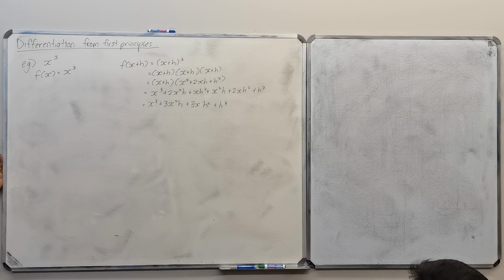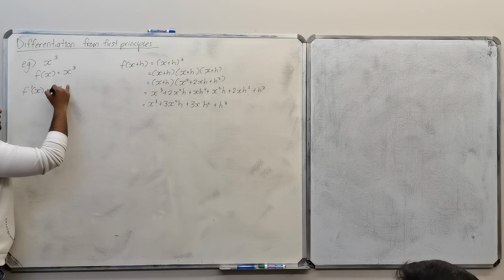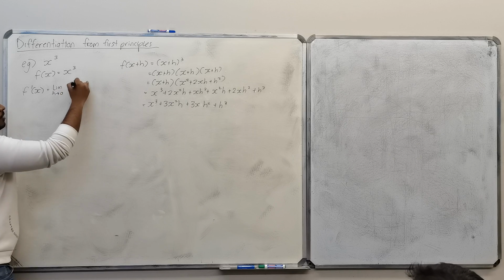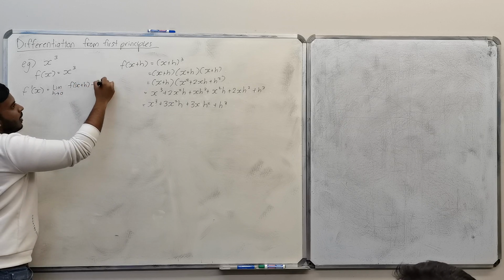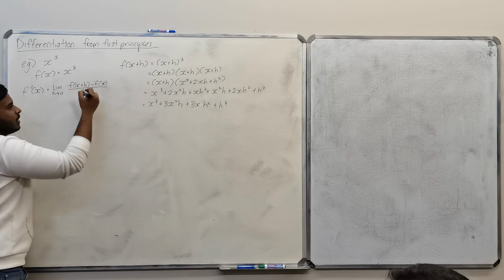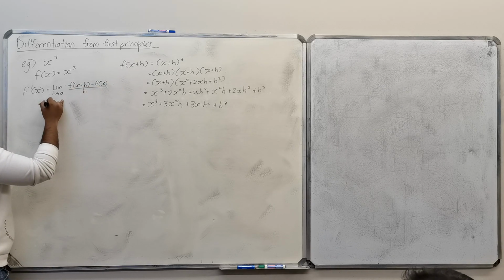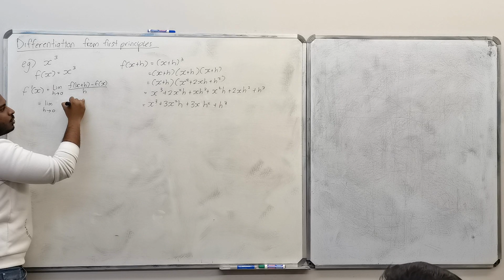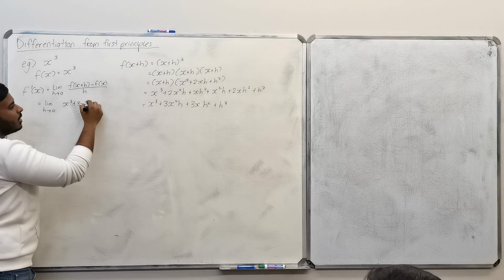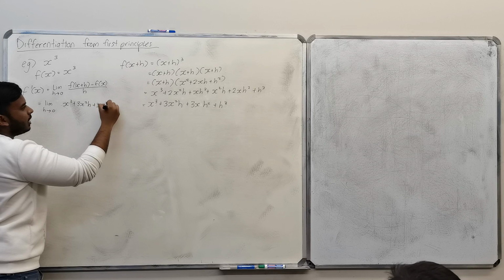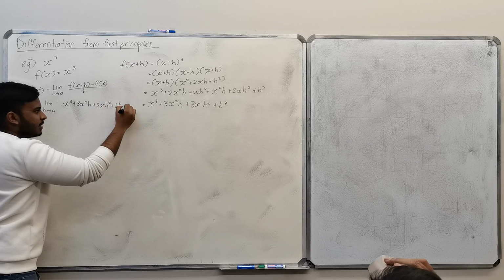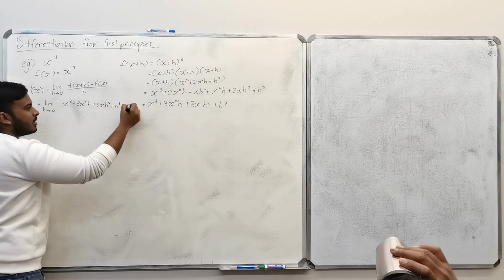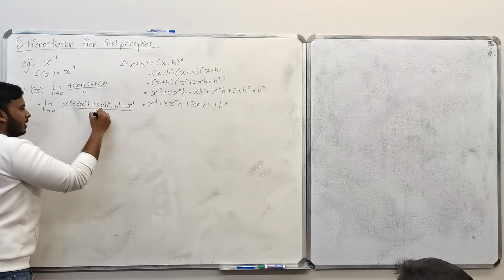So now they want the differential coefficient. F prime of x would be equal to, from first principles, the limit as h approaches 0 of f of x plus h minus f of x, all over h. This would be equal to the limit as h approaches 0 of, substituting, x cubed plus 3x squared h plus 3xh squared plus h cubed, minus x cubed, all over h.